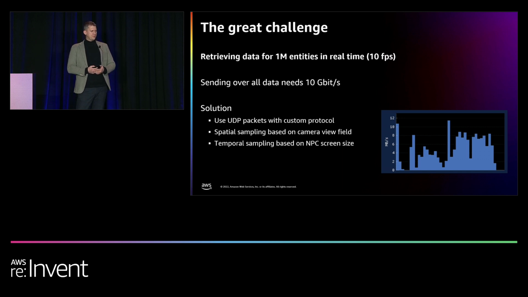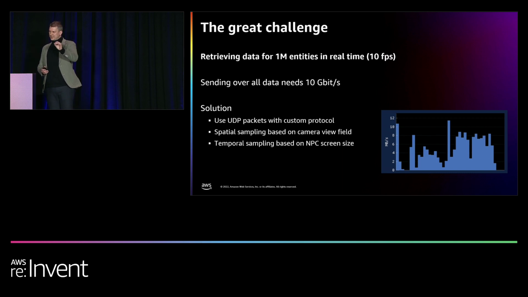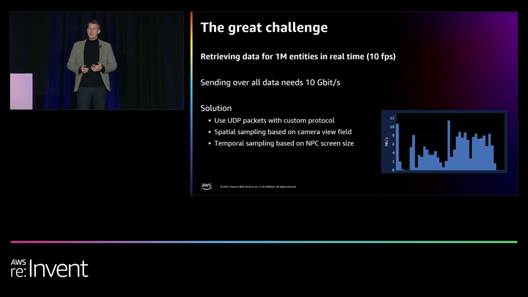So for temporal sampling, an example is that for agents or entities that are moving very far away, you don't need to send over all the data in each frame because it's just a pixel that moves on a screen. And if the movement is less than a pixel, then you won't see it at all. So these are some tricks to compress the data stream. So here is an example.